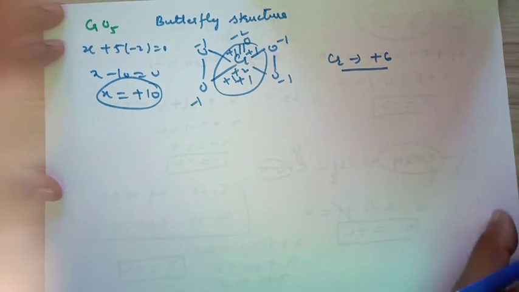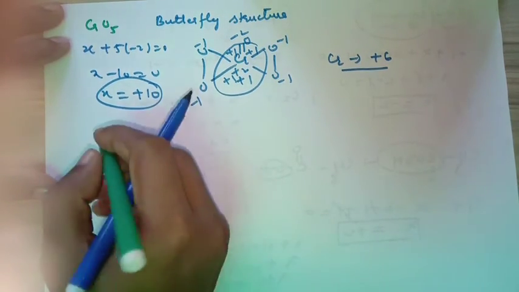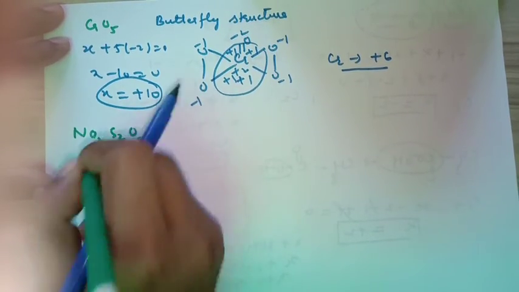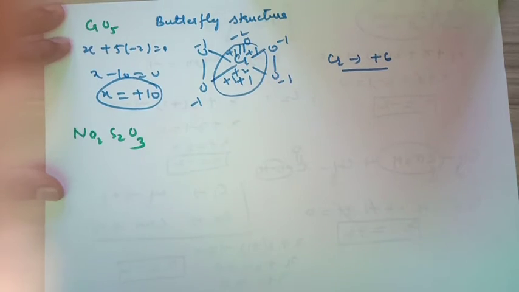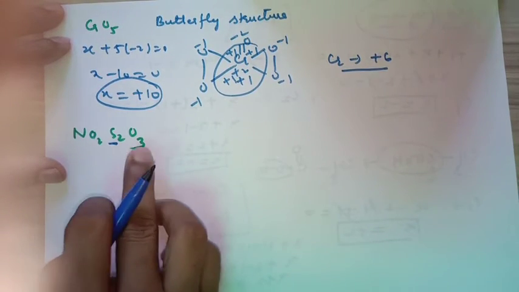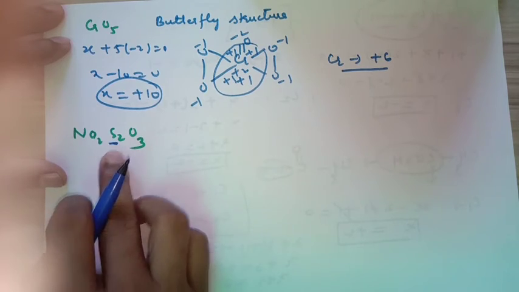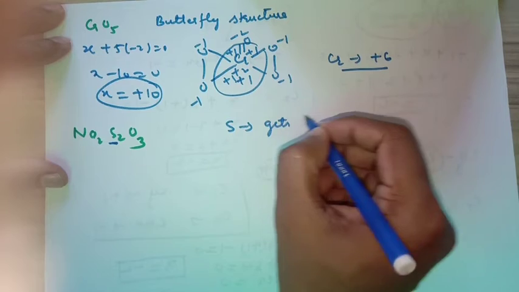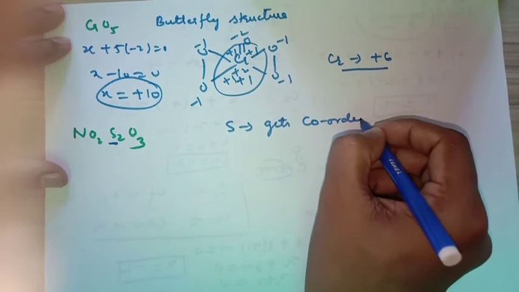Our next structure is Na2S2O3. Now we have to find it for sulfur. Now for odd number of oxygen here, sulfur is 2, so one will be with coordinate linkage.